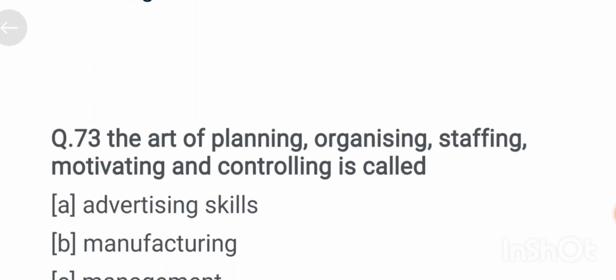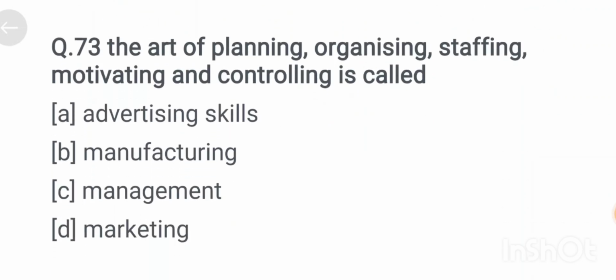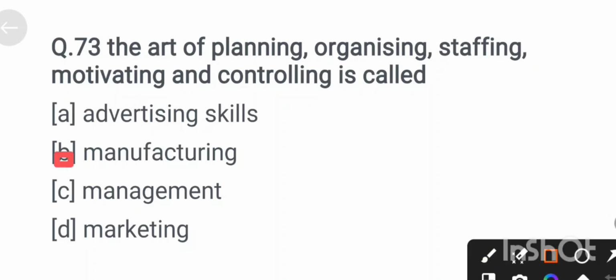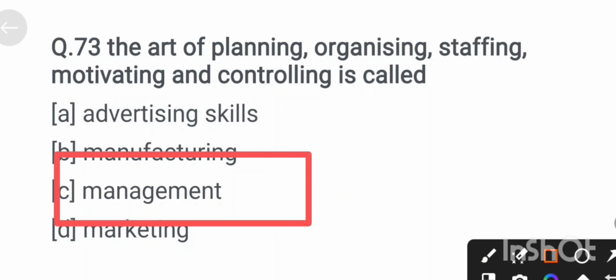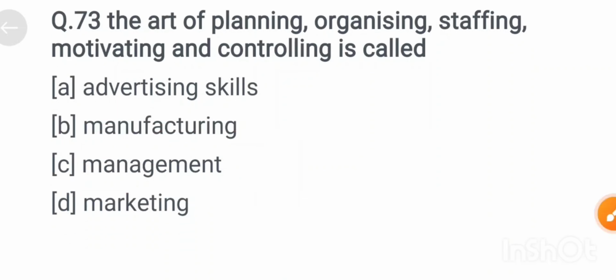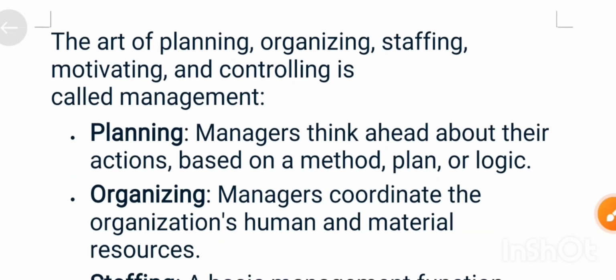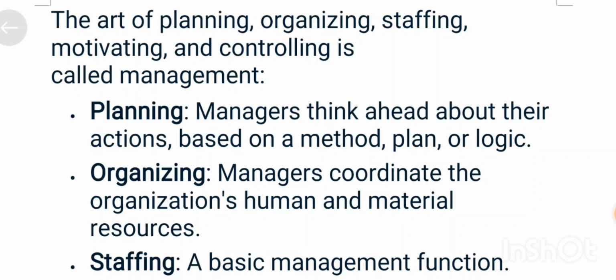Next question. The art of planning, organizing, staffing, motivating and controlling is called: option A, advertising skill; option B, manufacturing; option C, management; option D, marketing. Correct answer is option C, management. Planning: managers think ahead about their actions based on method, plan and logic.